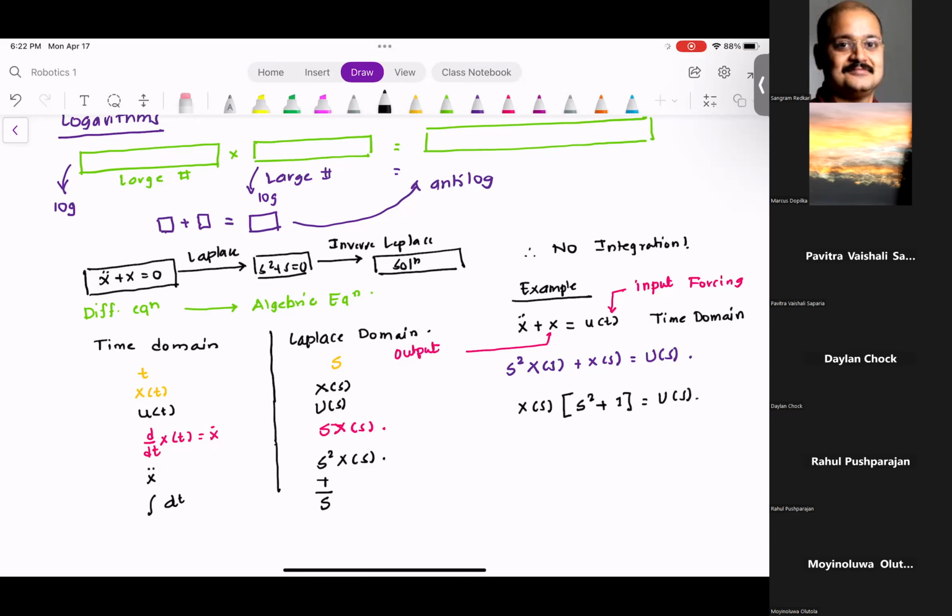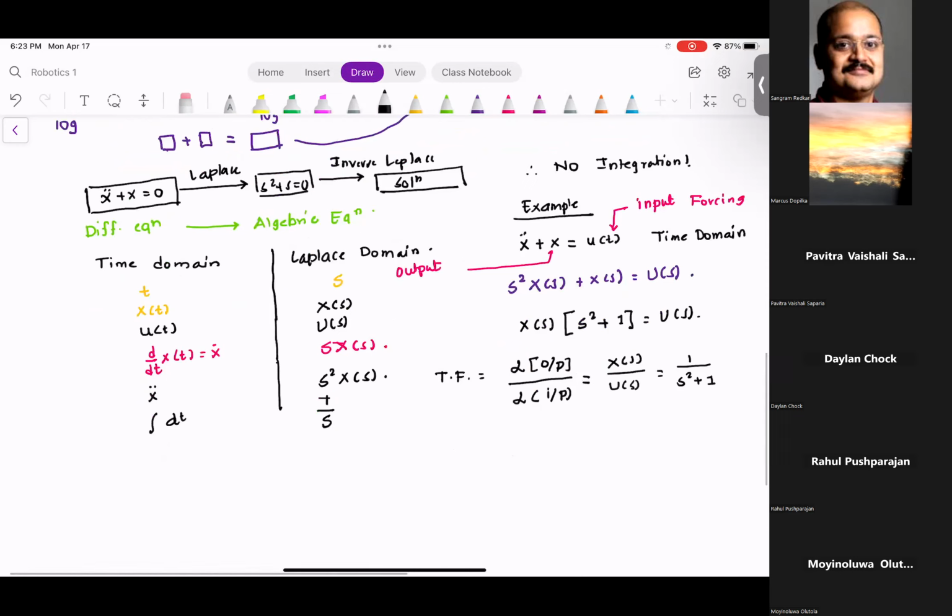So now if I want to represent this equation as a transfer function, then transfer function is given as Laplace transform of output divided by Laplace transform of input. As you can see, output is x of s, input is u of s, so the transfer function is going to be 1 over s square plus 1.